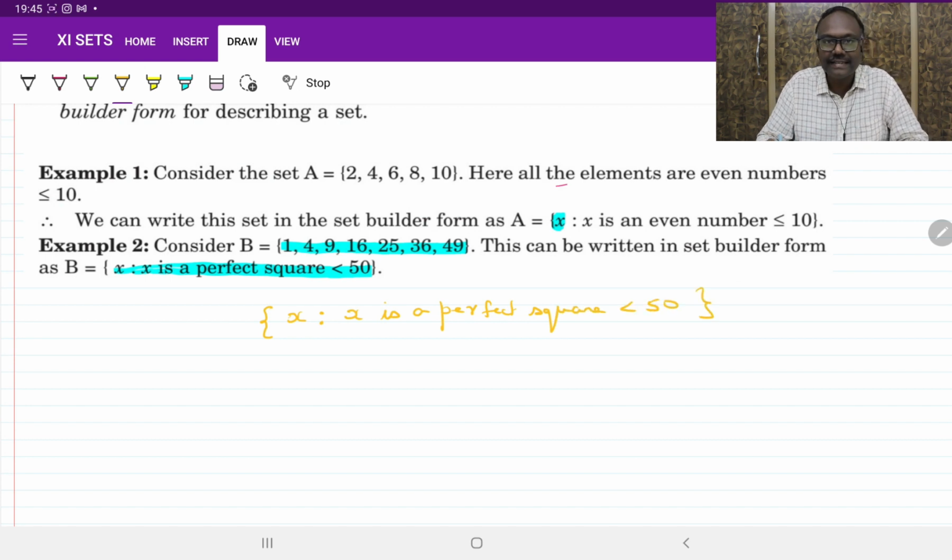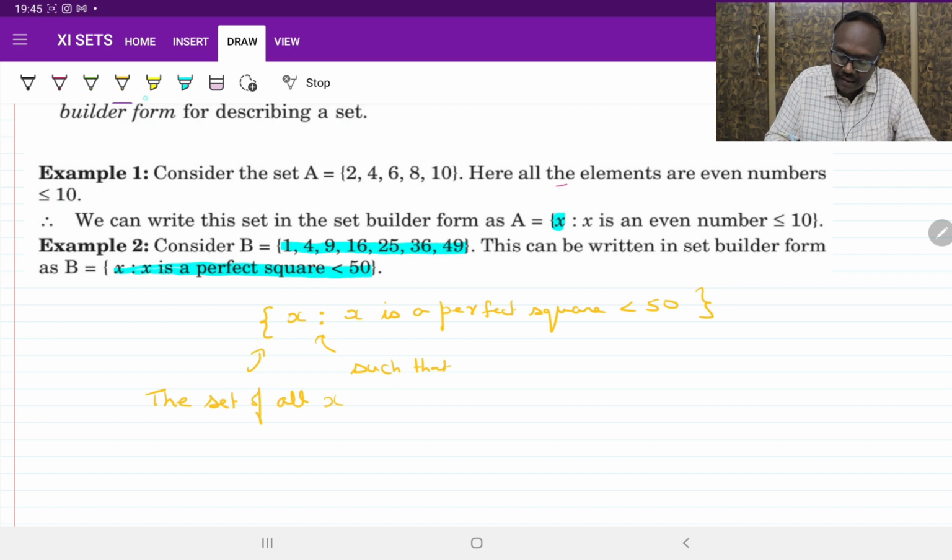How do we read this? We read it as the set of all x. Here the variable I have written is x, so it is the set of all x, and this colon stands for such that, and then we write the common property which is associated with the elements of the set. So the common property associated is that they are all perfect squares which are less than 50. So this is a common property.